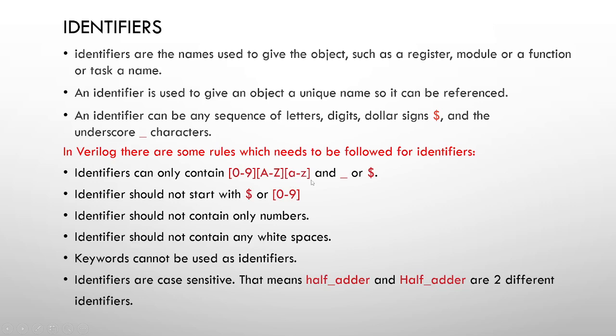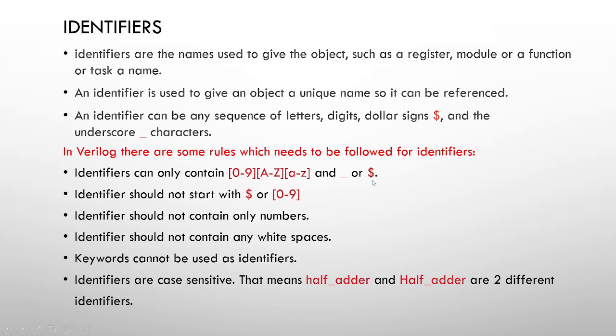It could also contain two special characters, which are underscore and dollar symbol. Apart from these two, you shouldn't use the remaining special characters when naming something in your Verilog code.